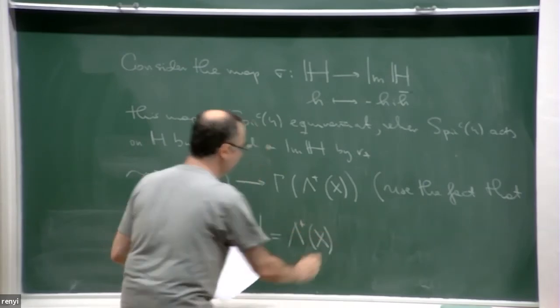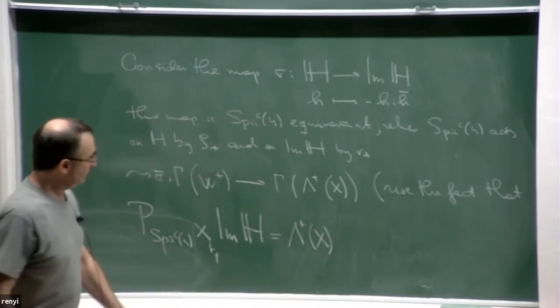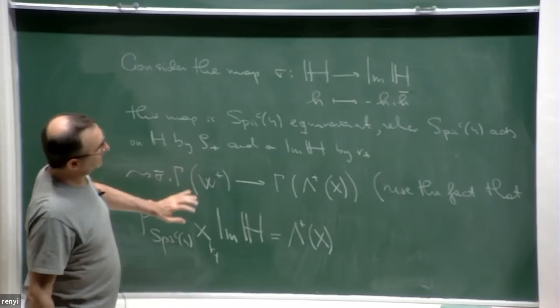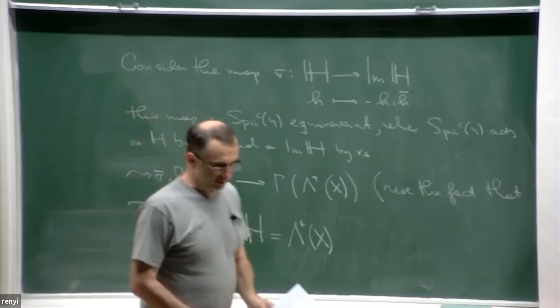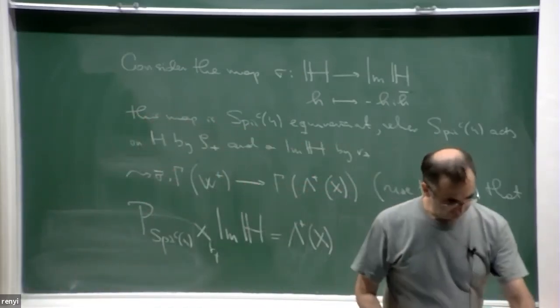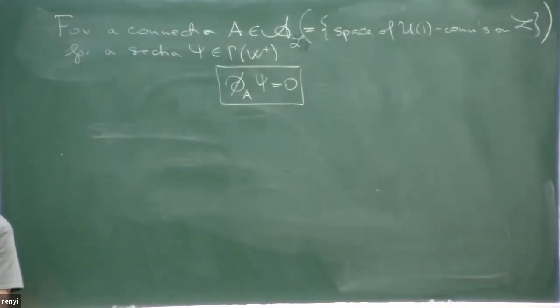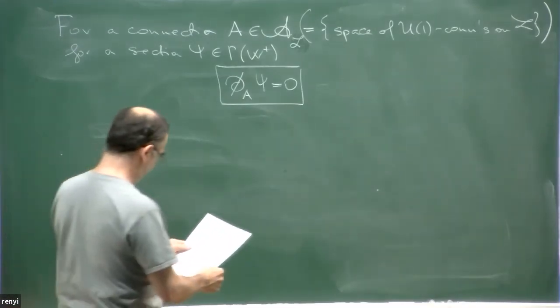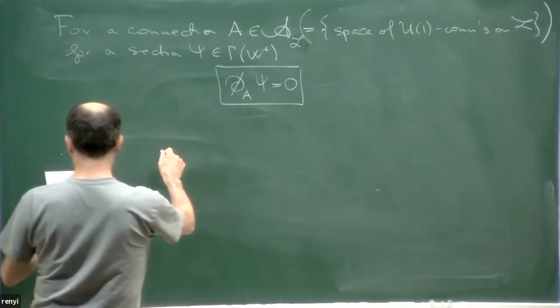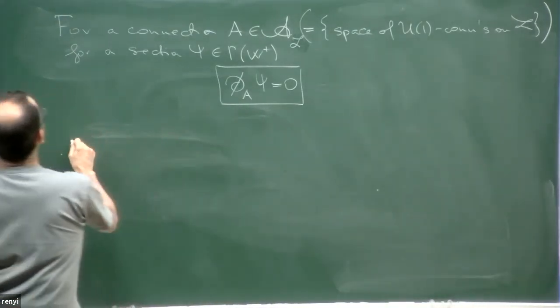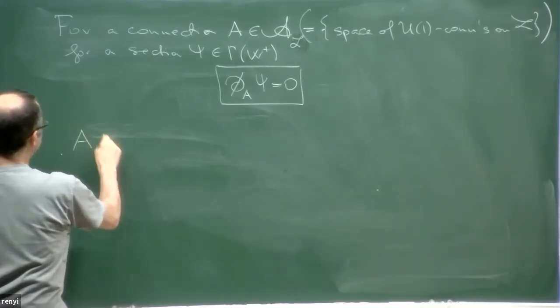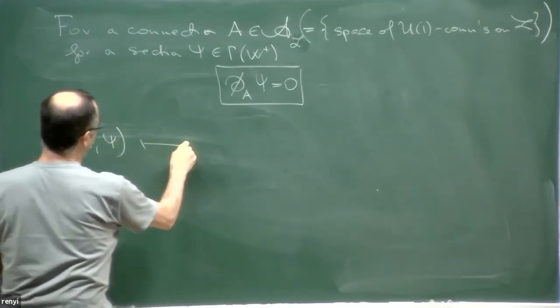I'm sorry, it's a little bit too fast, but once we have this map, we are now ready to write down the second Seiberg-Witten equation. And this is it. So for A and psi, consider the following.